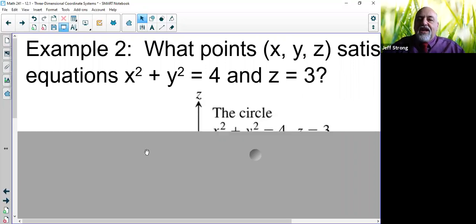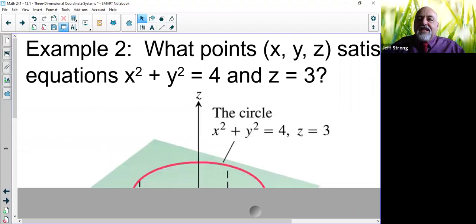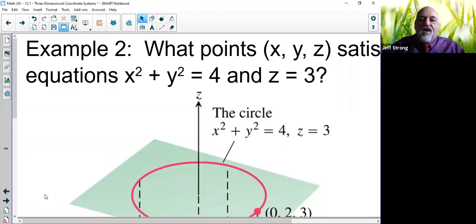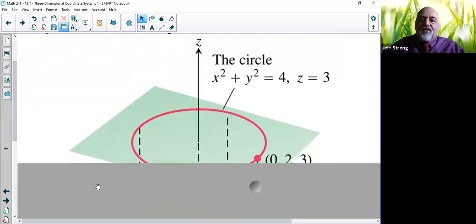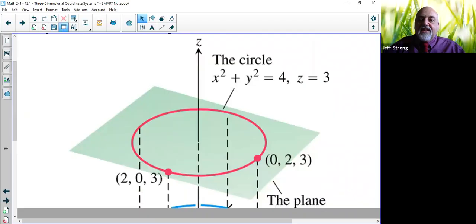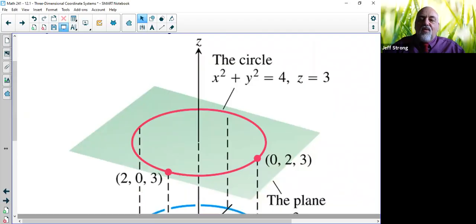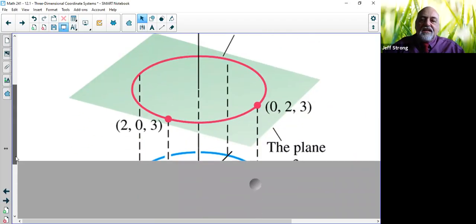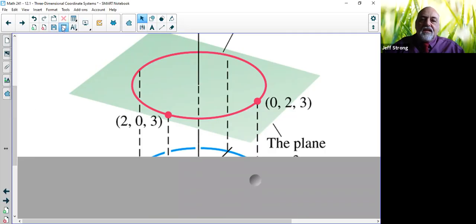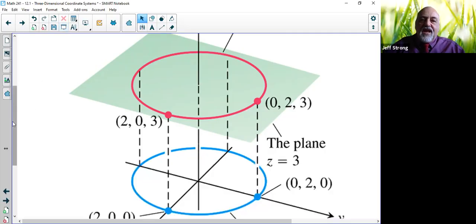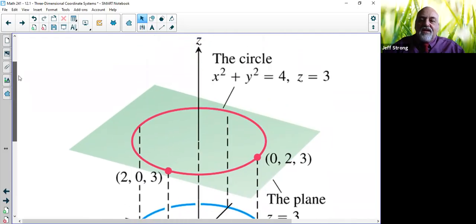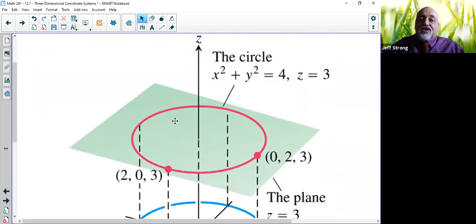Well, if you imagine x squared plus y squared equals 4, that's a circle. Z equals 3, that's going to be a plane. And so where they intersect, that's going to be where the circle and the plane intersect. So it's like the top part of a cylinder.